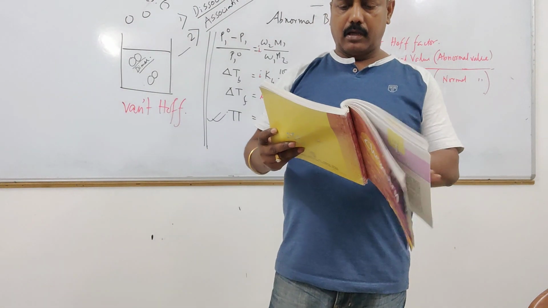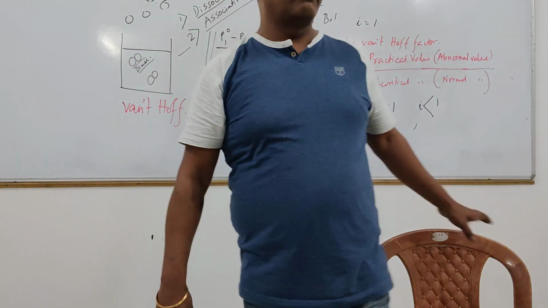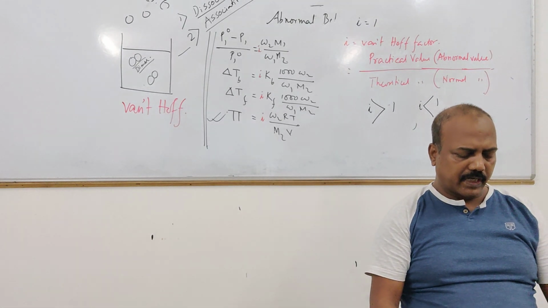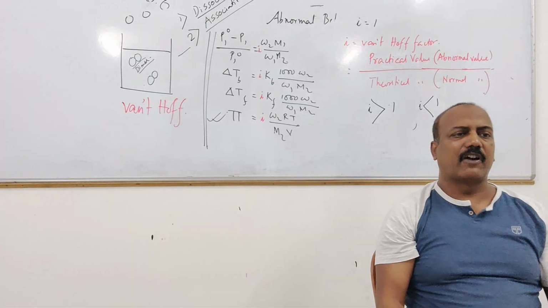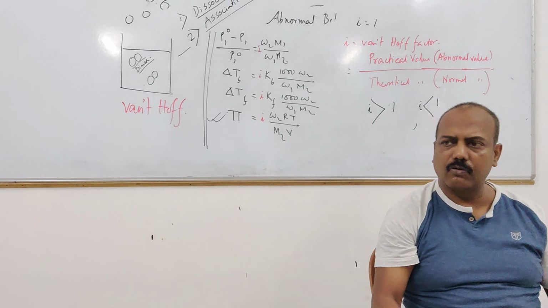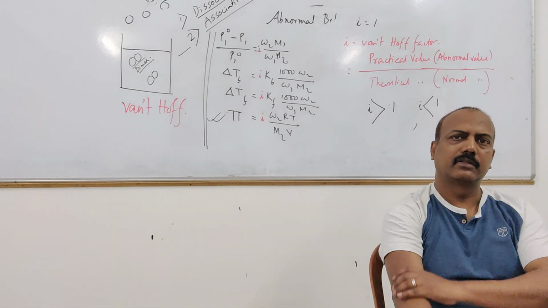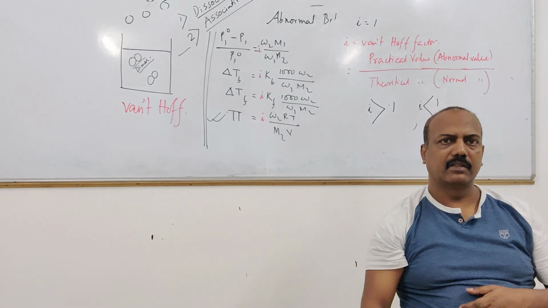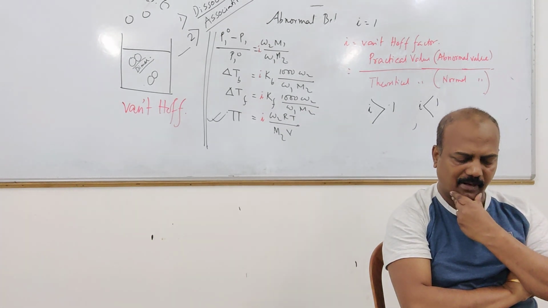2 gram of benzoic acid. Benzoic acid is in bracket. You write down the formula: C6H5COOH. Benzoic acid dissolved in 25 gram of benzene.